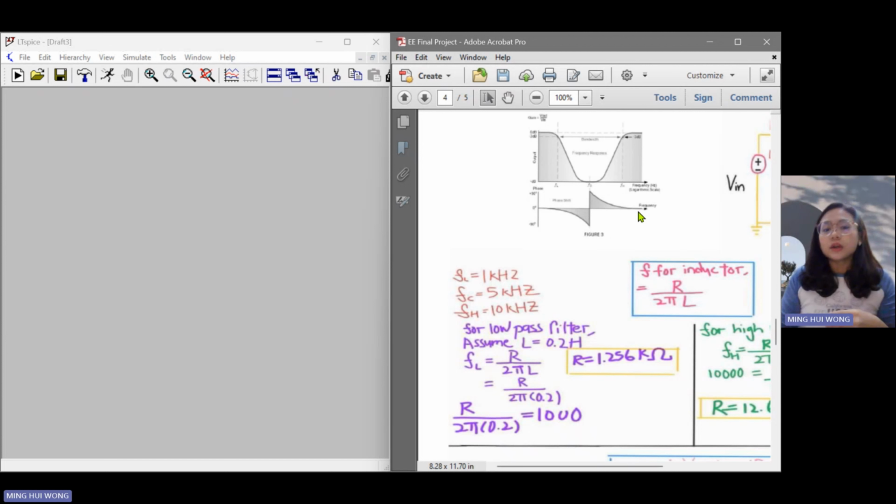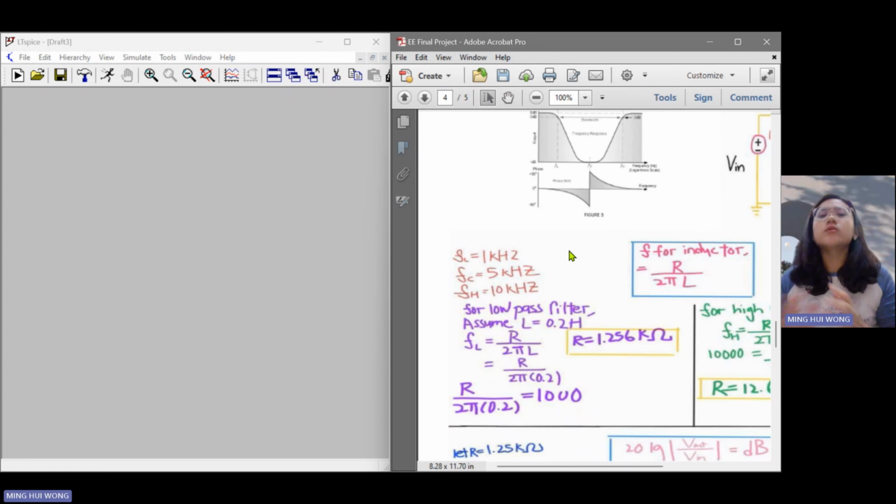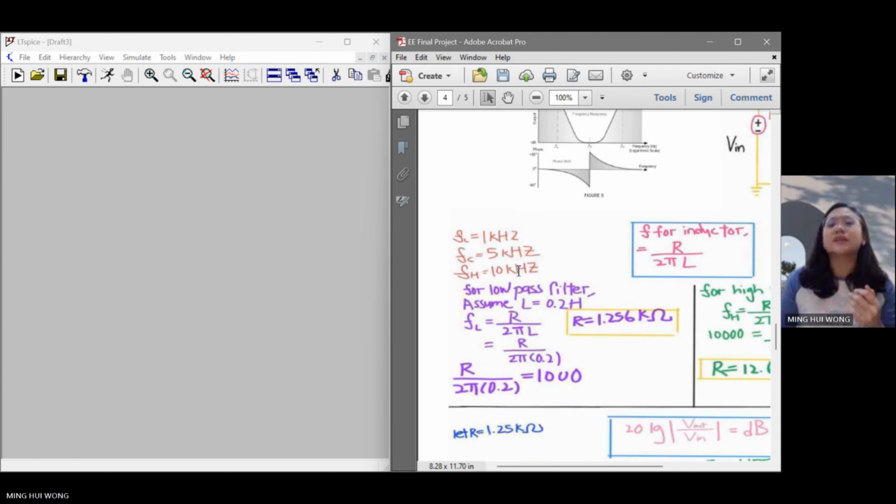For FL equals 1 kHz and FH equals 10 kHz, I use two formulas to find the components.